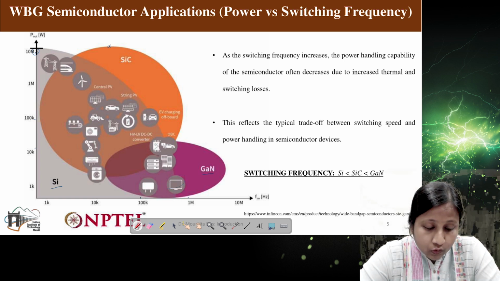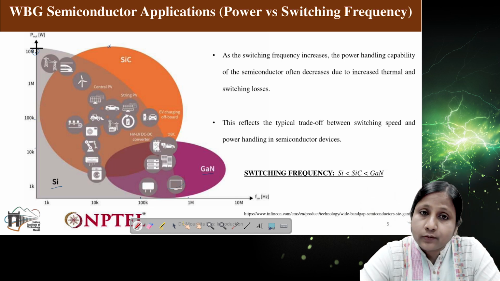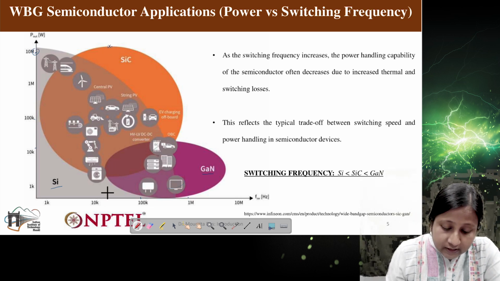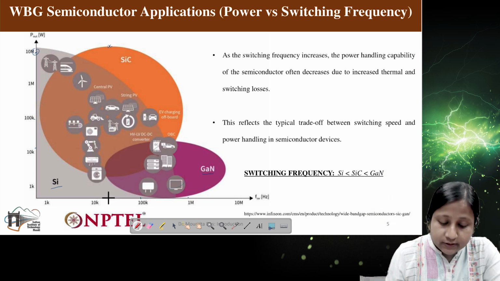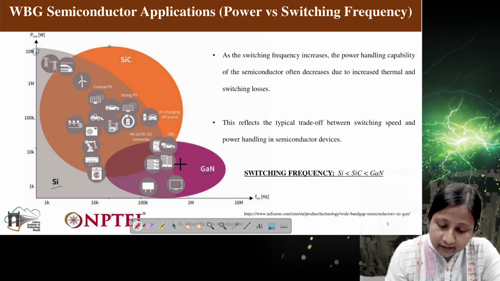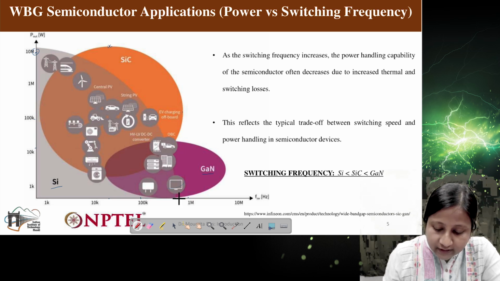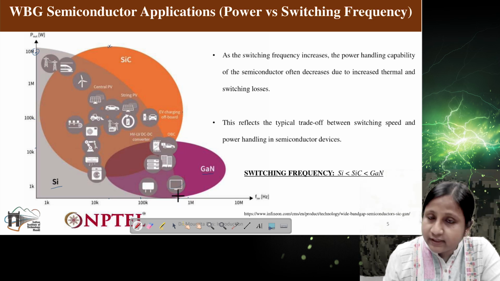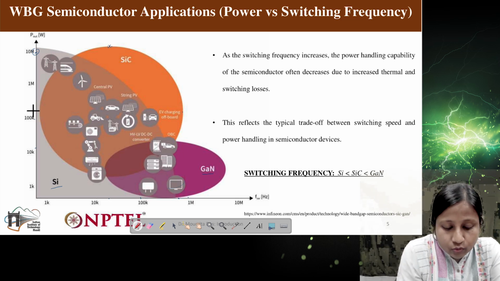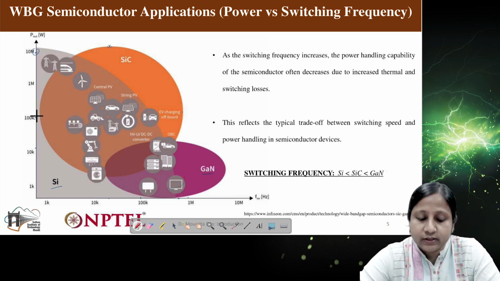If it is operating at that power level, then obviously the frequency will be limited to some few tens of kilohertz. But this device is suitable to operate at around 500 or 600 kilohertz, where the power level will be limited to let's say 100 kilowatts.